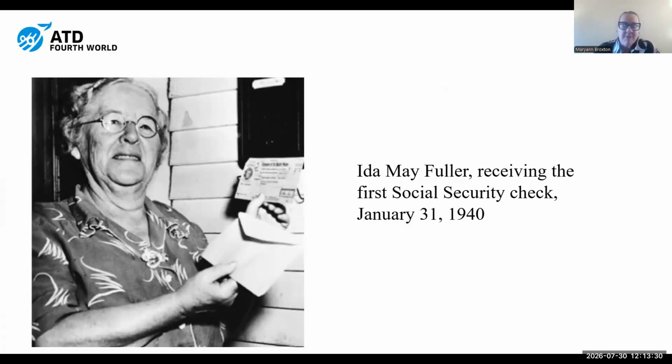So, just a couple of notes about eligibility. Permanent residents, foreign workers with valid visas, foreign students with employment authorization, refugees, asylees, people with DACA, the Deferred Action for Childhood Arrivals, are also eligible for Social Security cards and numbers.